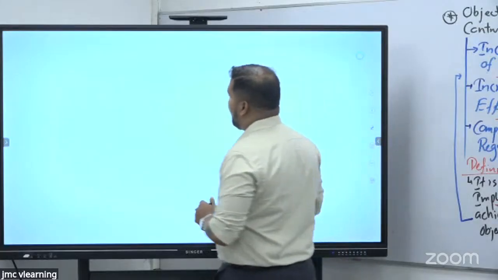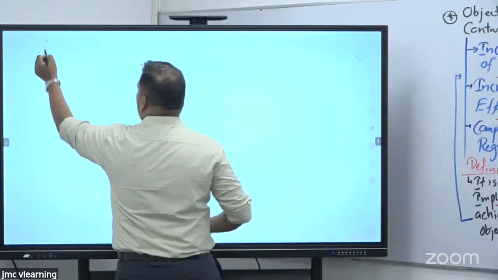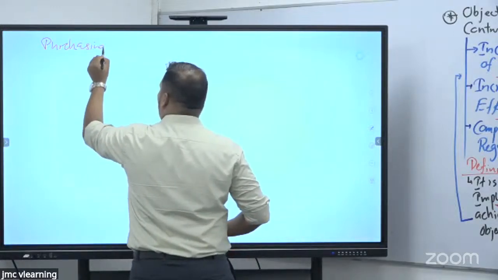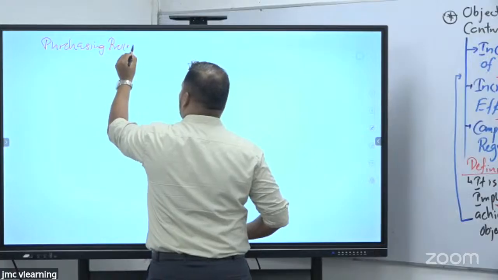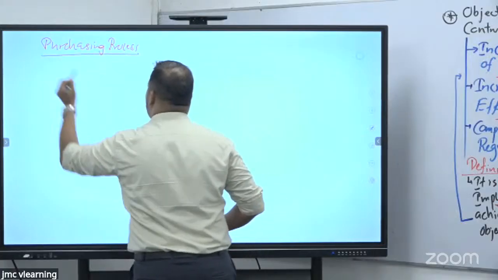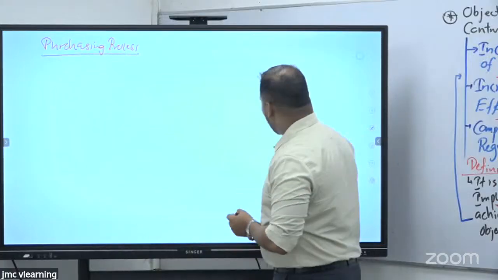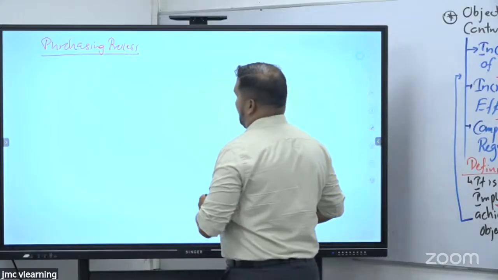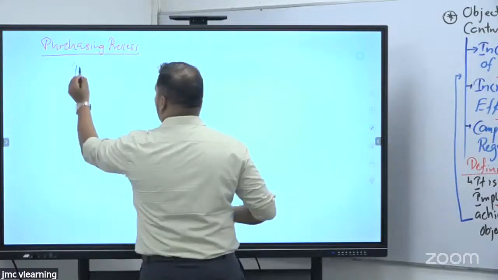So when you look at it from the broader perspective, the purchasing process is a classic example of segregation of duties. Let's say the purchasing process is segregated into 4 departments.